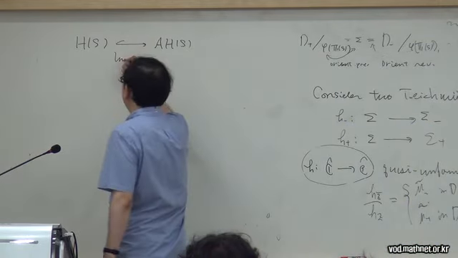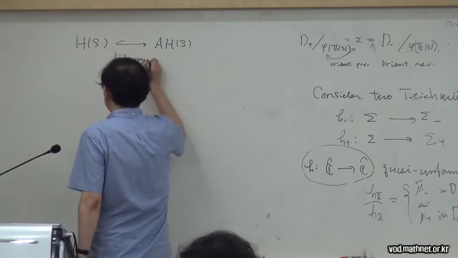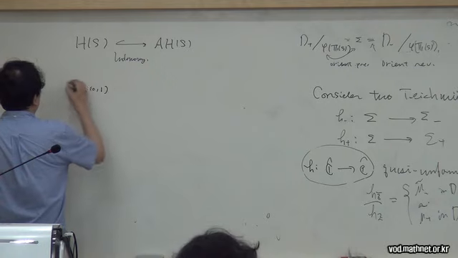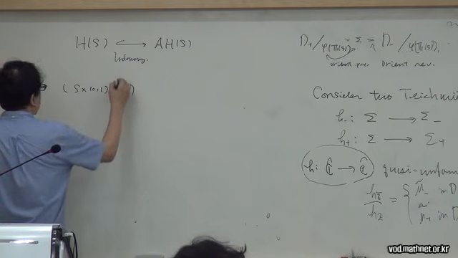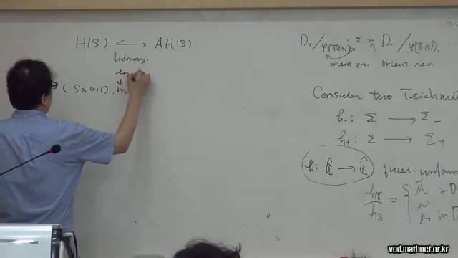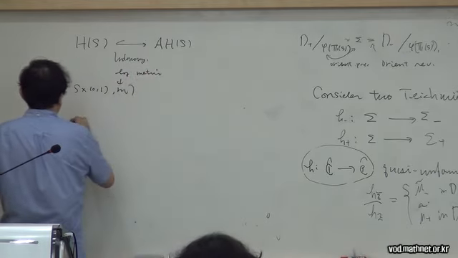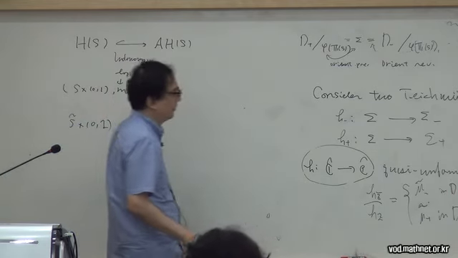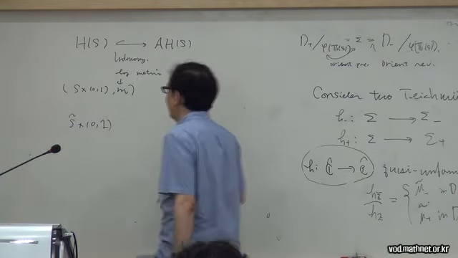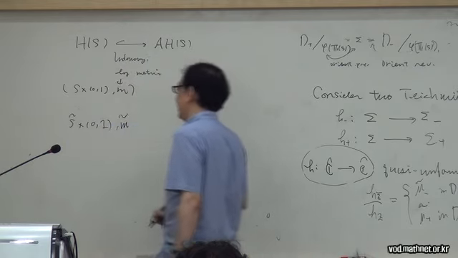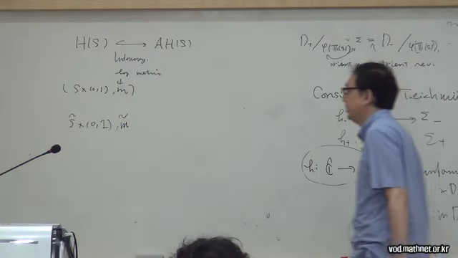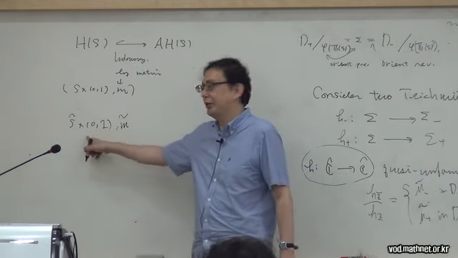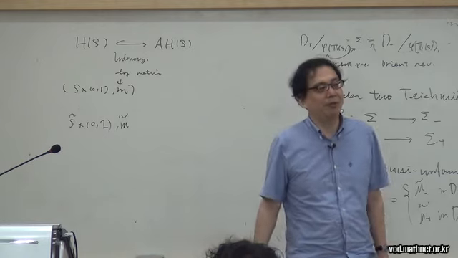So if you have a hyperbolic metric, then its universal cover, which is just S tilde times interval, has a hyperbolic metric. And this is simply connected, complete hyperbolic space.